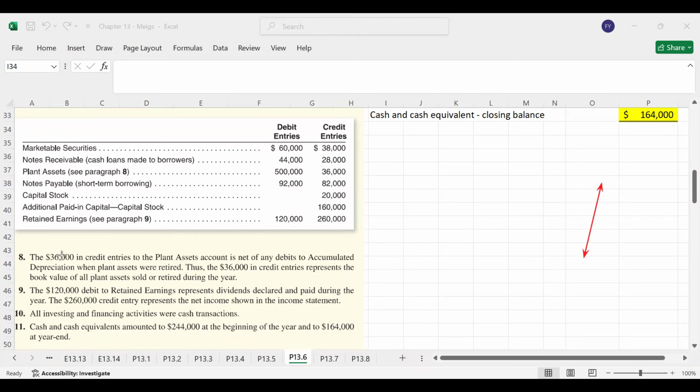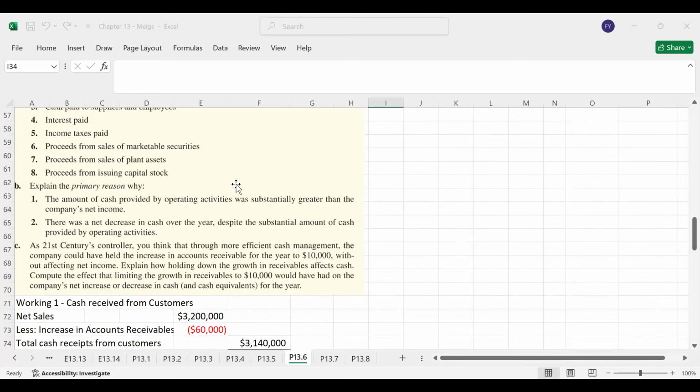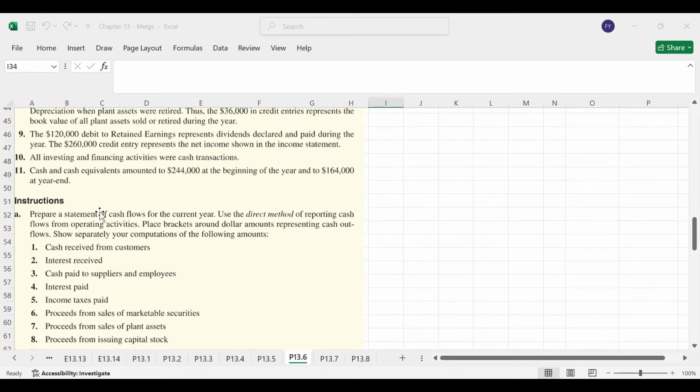The next requirement from this problem is to explain the primary reason why, number one, the amount of cash provided by operating activities was substantially greater than the company's net income.